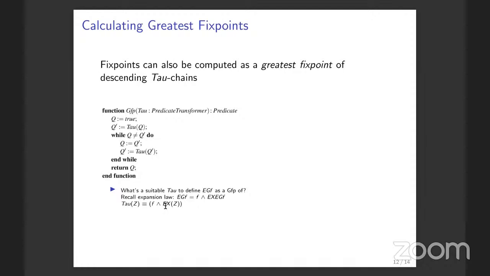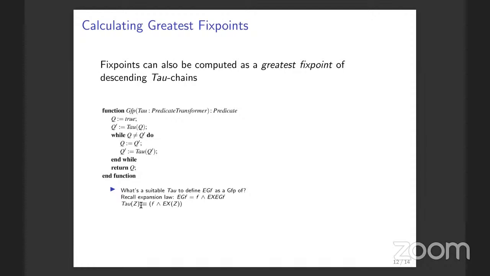Given the set of states that satisfy EX of Z, it is adding an additional constraint to F. So every time you apply tau, starting from true, you get smaller and smaller sets of states, because in each step you take a conjunction of whatever you got from the previous step, and you add more constraints. And that's why the Kleene iteration says you can compute the fixed point of this by starting from true for Z, and then repeatedly applying tau to that.